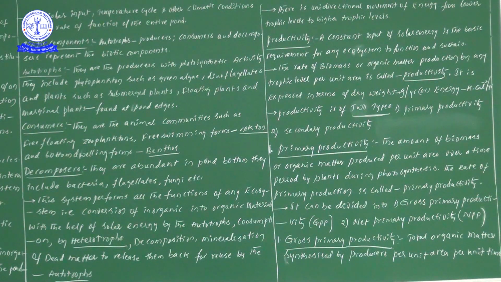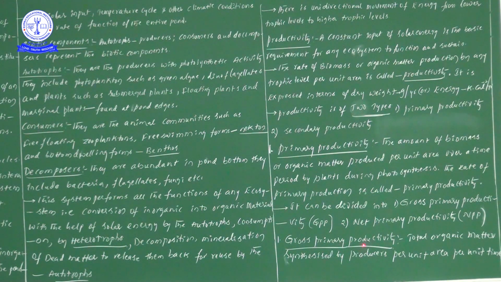Total organic matter means the plants perform photosynthesis, so biomass or organic matter is produced. How much organic matter or biomass is prepared by the plants, that entire amount, is the total.